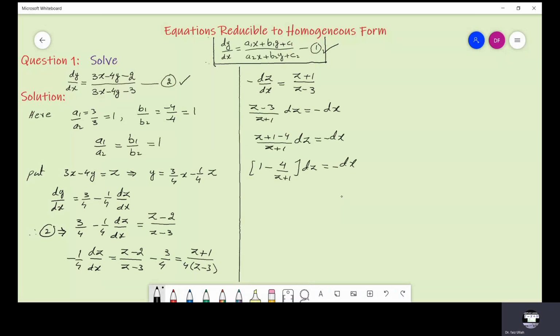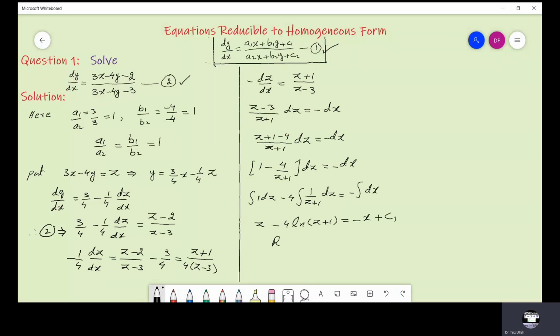Now integrating both sides, we have integration of 1 dz minus 4 times integration of 1/(z plus 1) dz is equal to minus integration of dx. From this we get z minus 4 ln|z plus 1| is equal to minus x plus c1.